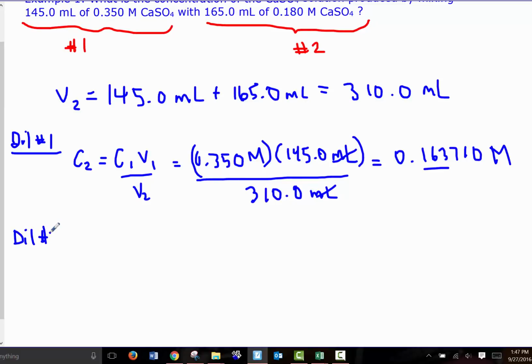Okay, so now I'm going to dilute the second solution. So C2 is equal to C1 V1 divided by V2. And I'm being careful to put in the right numbers. So my C1 here was 0.180 moles per liter.